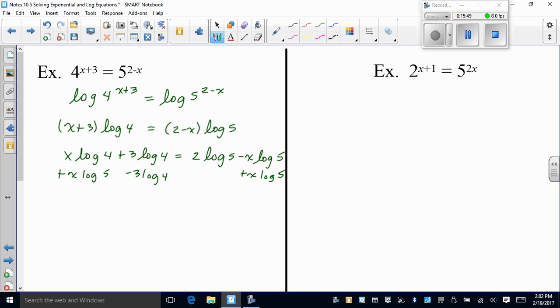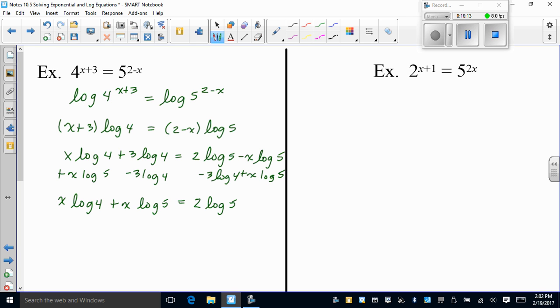So I now have x log of 4 plus x log of 5 equaling 2 log of 5 minus 3 log of 4.